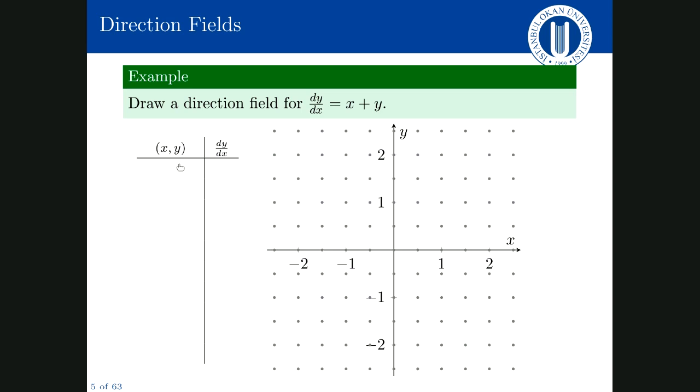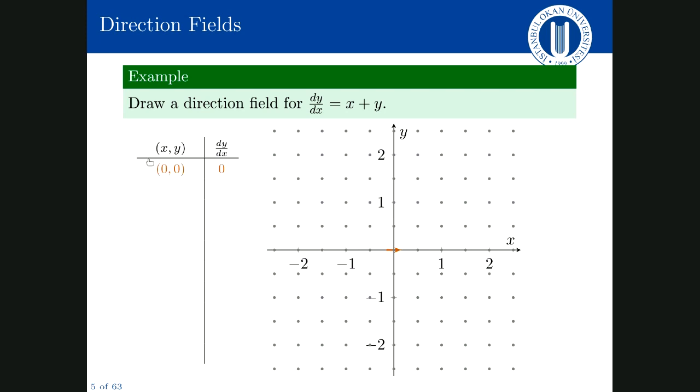On the left side, I'm going to calculate a few points. For each particular spot, x y, I'll calculate dy dx, and then I'll draw an arrow with the slope of dy dx.